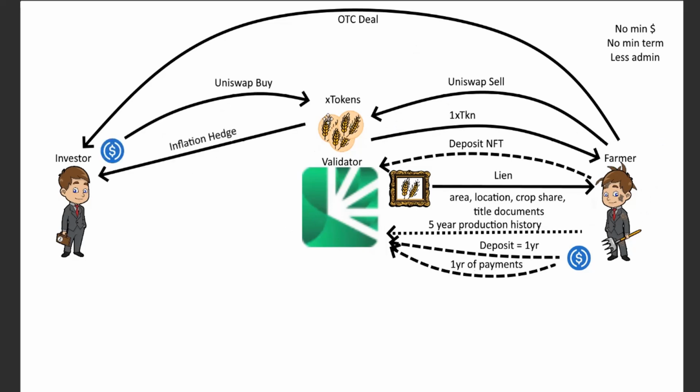Now, assuming he sells to the liquidity pool, along comes Mr. Investor and he's like, oh, this is a good deal, so he buys from this liquidity pool and gets these X tokens. Now, like I said, these X tokens are an inflation hedge, so I should probably explain that. Think about it: as the value of the dollar goes down with inflation, the price of products in the real world, like bread, goes up.